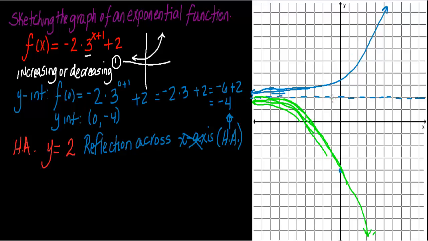But that's not part of knowing how to sketch, so I'm not going to go through the trouble of finding the y-intercept before this is reflected, which is going to be at 8: 1, 2, 3, 4, 5, 6, 7, 8. So my graph, this blue one, if I had made it a little bit more precise, this is what it should have looked like, going through this y-intercept, and not this one.